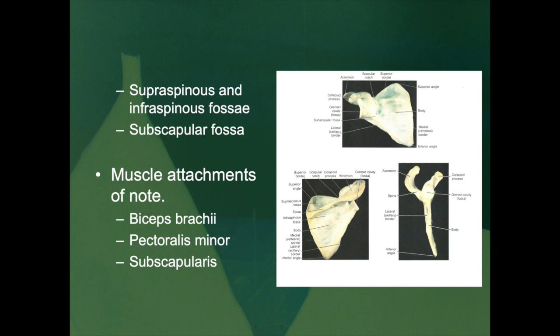So the pectoralis minor. And then we have the subscapularis. The subscapularis is another one of these unique muscles. It is associated with that very large subscapular fossa of the scapular region itself, the body. The subscapularis is also anterior, and it is important for rotation of the humerus itself.